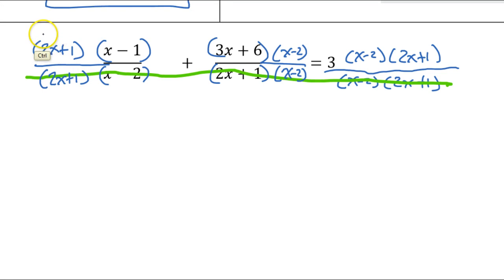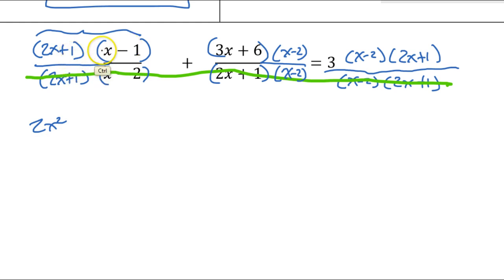Now I need to multiply these binomials together. FOIL it, double distribute, whatever you want to call it. If I multiply this pair together, that's going to give me 2x squared. And here again, you know how I'm always saying inner plus outer equals middle?